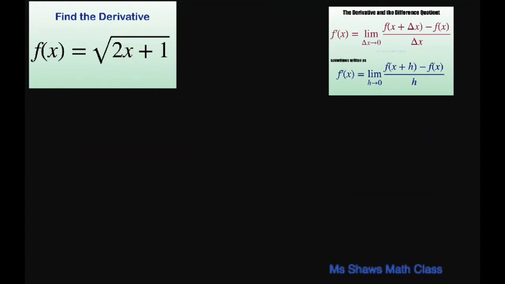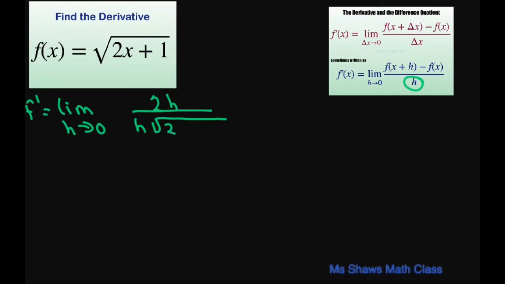We have the limit as h approaches 0, and this is going to be your derivative, f prime, which is 2h divided by, and now I'm going to go ahead and include that h, times the square root of 2 times x plus h plus 1, plus the square root of 2x plus 1.